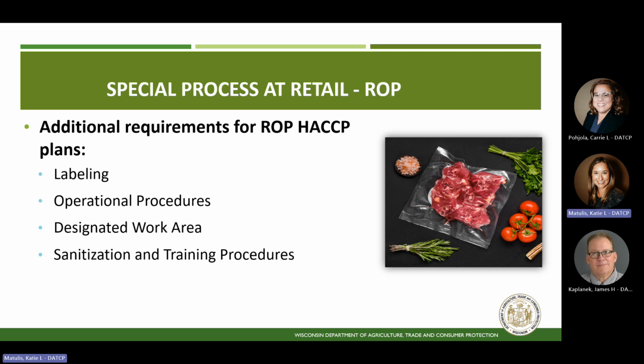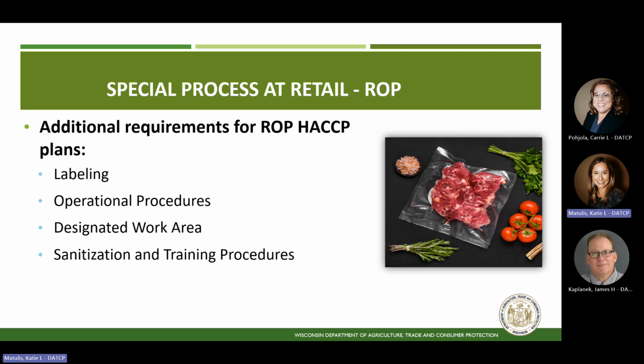HACCP plans must be submitted to the department prior to implementation and include operational procedures that prohibit contacting ready-to-eat food with bare hands and identify designated work areas and methods that maintain separation of raw foods and ready-to-eat foods to minimize cross-contamination, delineate cleaning and sanitization procedures for food contact surfaces, and ensure that access to the processing equipment is limited to trained personnel familiar with the potential hazards of the operation.